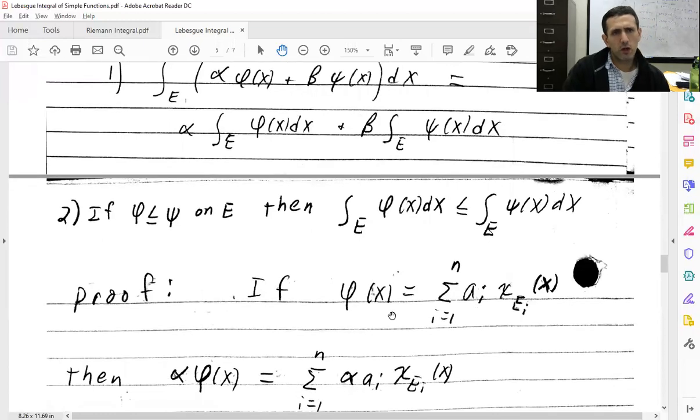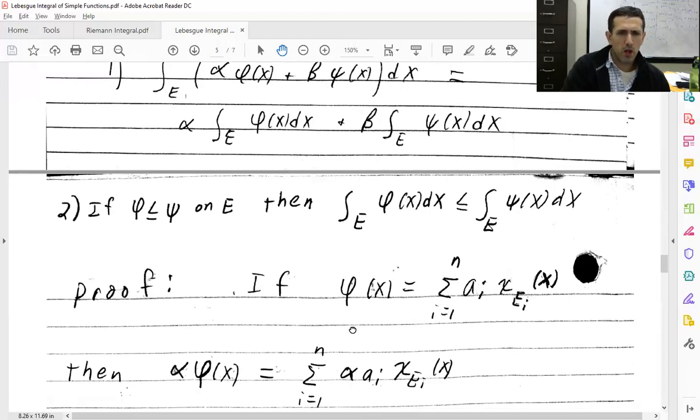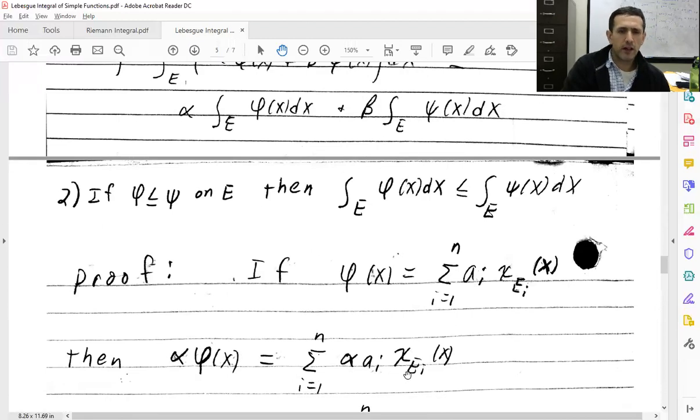All right, so, well, let's take care of the very easy case. So that means alpha phi(x), alpha and beta are real numbers. Well, just bring this inside.